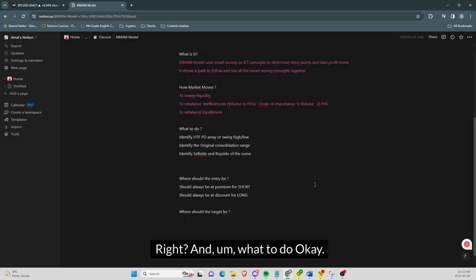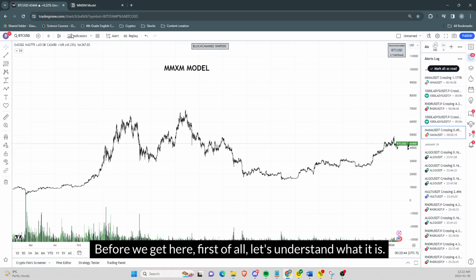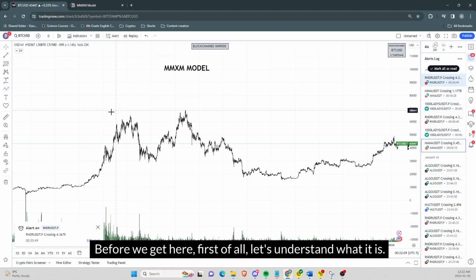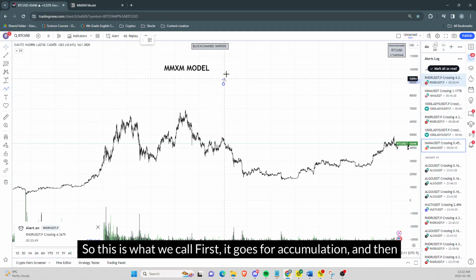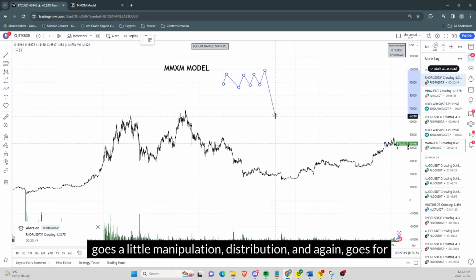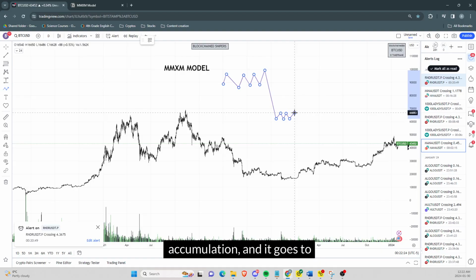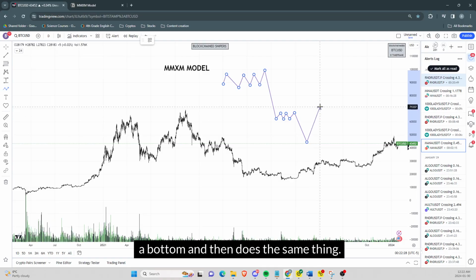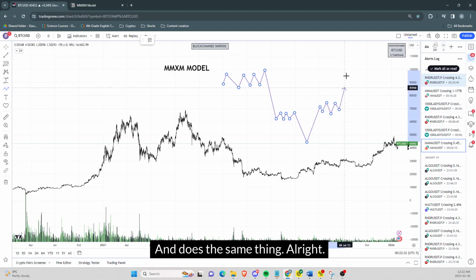Before we get to what to do, first of all, let's understand what it is. So first it goes for accumulation, and then a little manipulation, distribution, and again accumulation, and it goes to a bottom, and then does the same thing again.